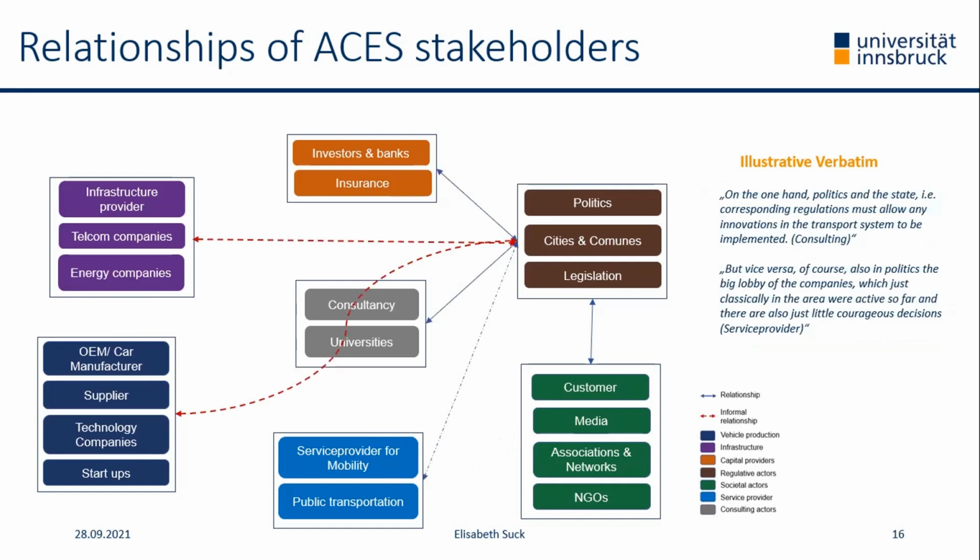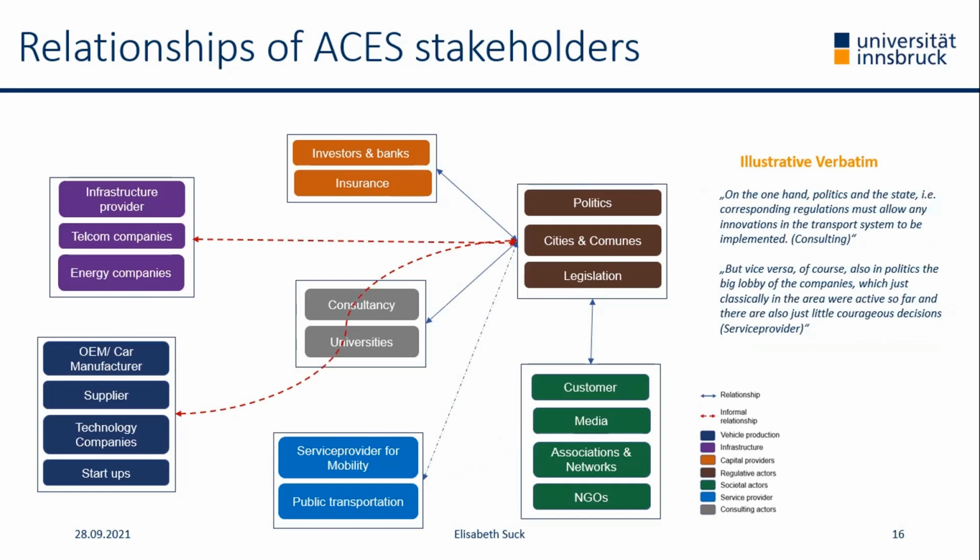Finally, we have the relationships of regulative actors, and they were seen as rather two-sided. On the one hand, the relationships provide the framework for operations, technology development, and the legal side. On the other hand, there is always the danger that one side abuses these relationships and tries to get an advantage through its power.